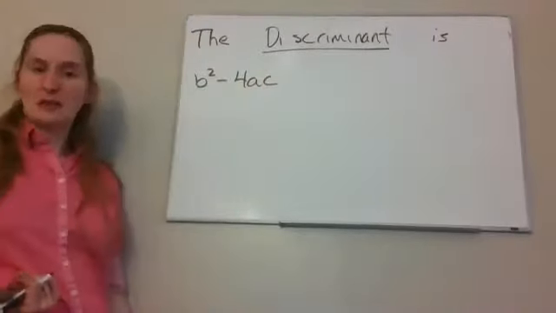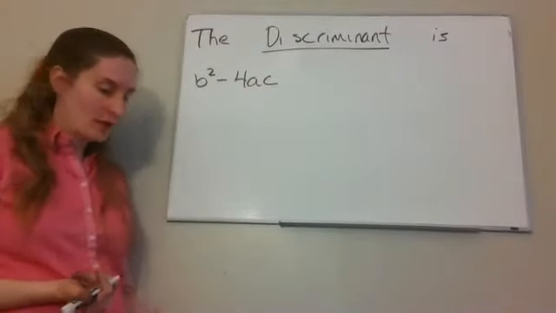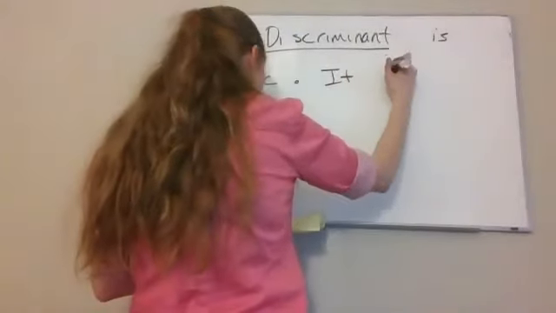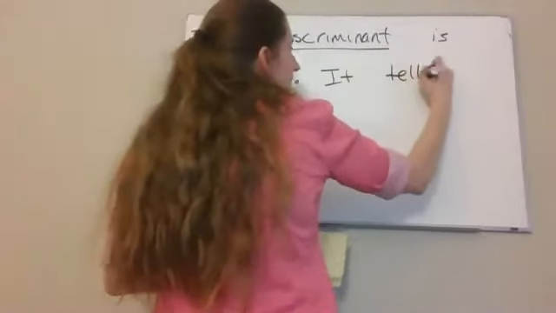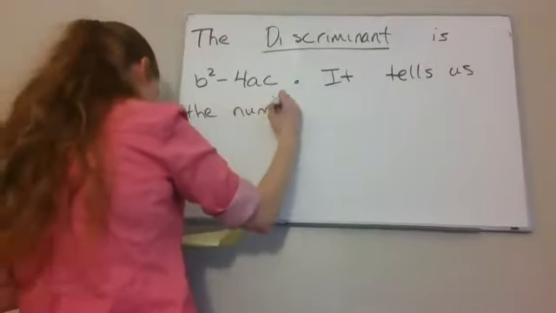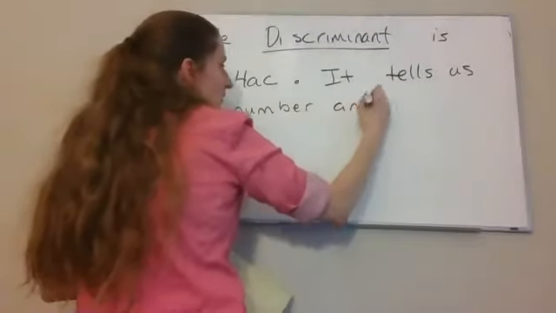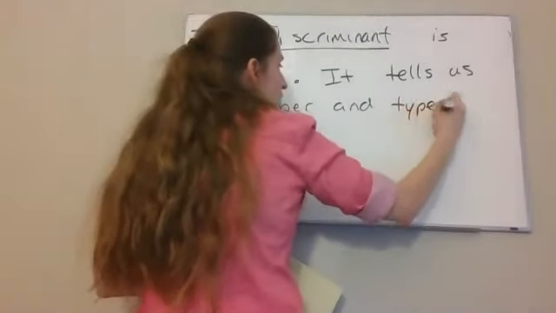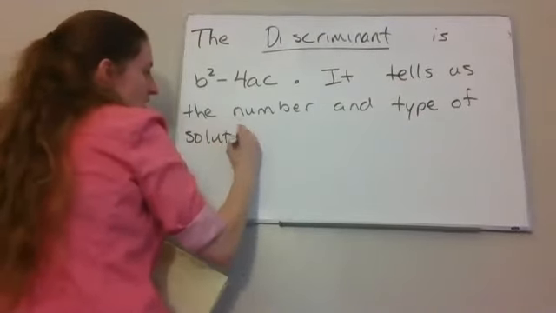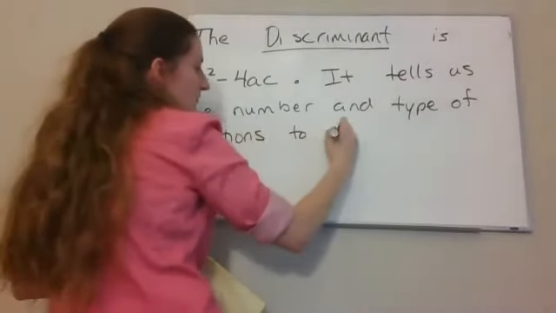That's the part that goes underneath the square root in the formula. And this discriminant tells us the number and type of solutions to a quadratic equation.